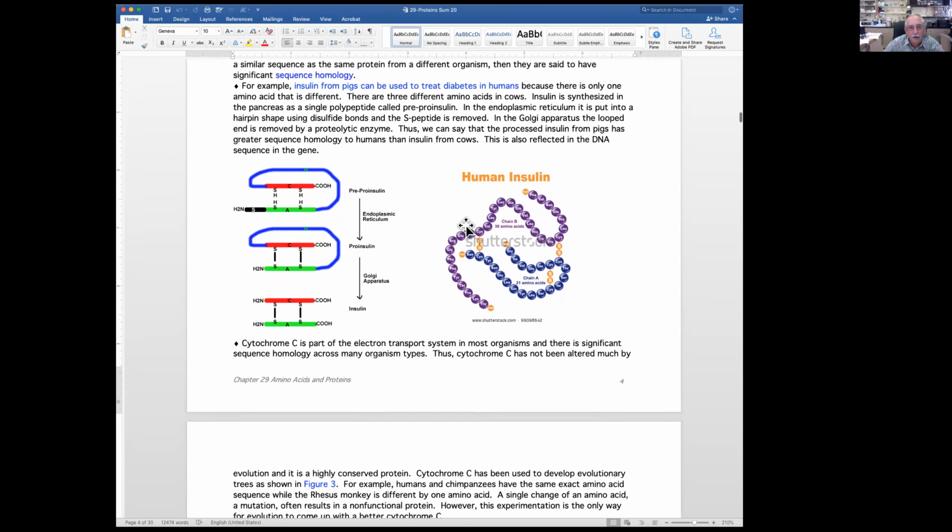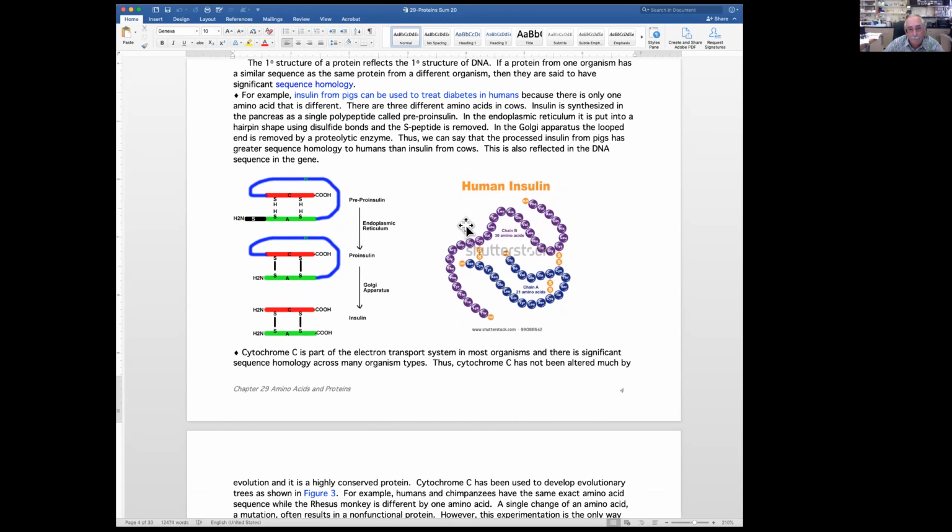So let's look at how insulin is produced. The gene does not produce insulin. The gene produces messenger RNA in the nucleus. The messenger RNA is processed and matured, worked on by different enzymes. Introns are removed, which we'll talk about later on. And what you end up with is preproinsulin.